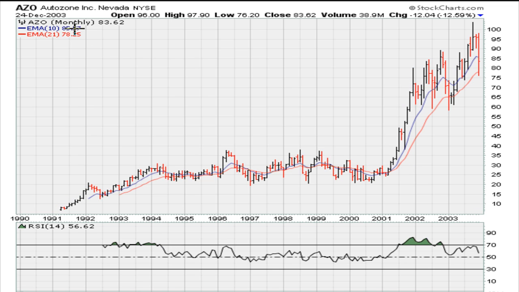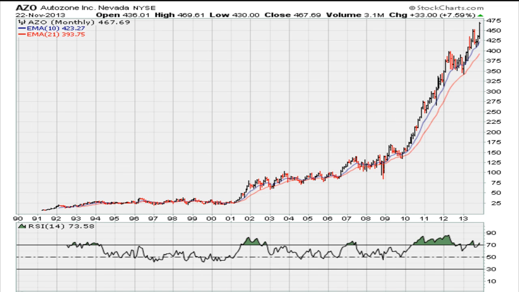Okay, so let's fast forward to the current chart here. So this was a chart going back to 2003. Take a look at this next chart. This is a current chart now. So we were looking previously at this right there, that potential to move. Take a look at this move now.